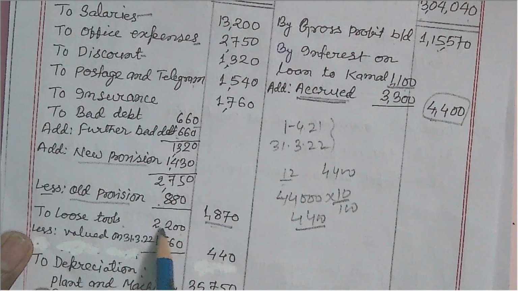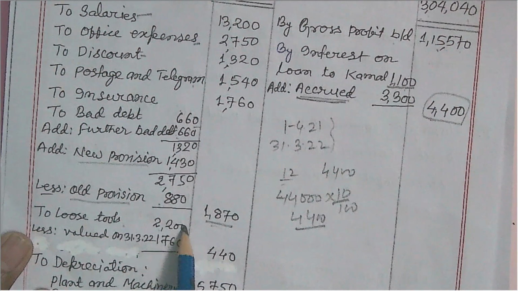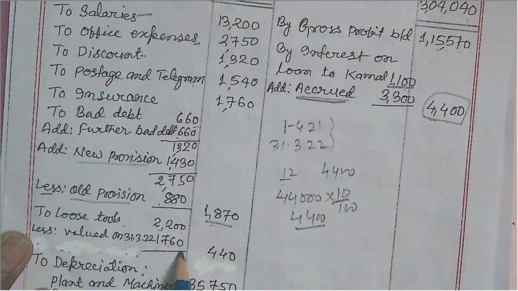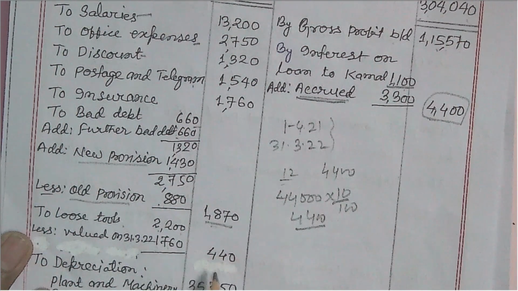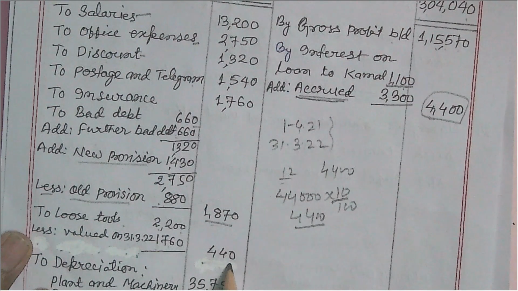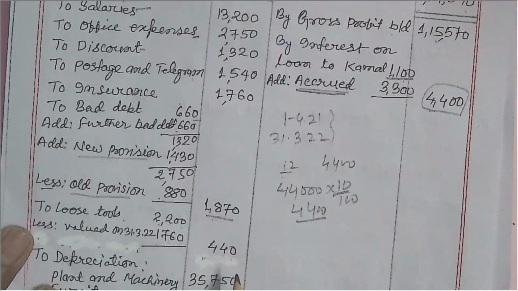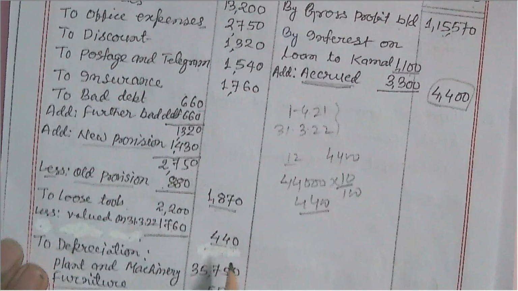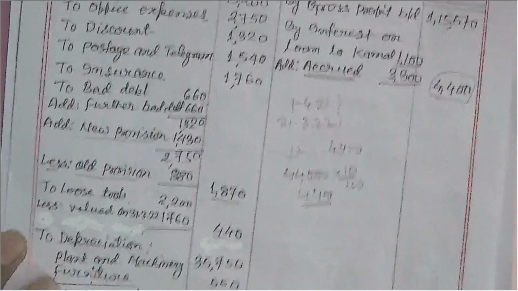That means the value of 2200 loose tools reduced to 1760, and 440 rupees is the decrease. So this is depreciation. Market value decreased by 440 of loose tools.